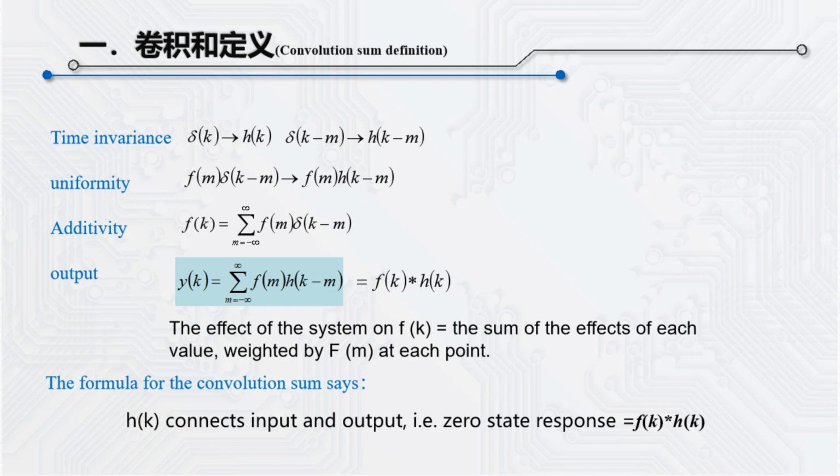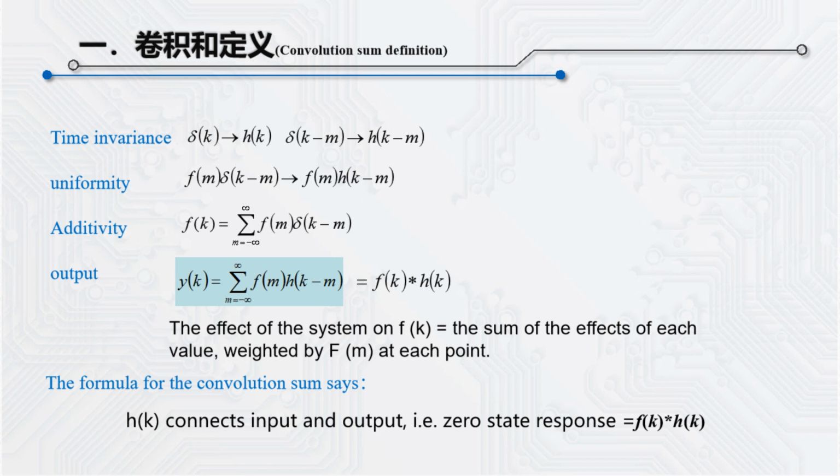We know the zero state response produced by delta of k acting on the system is h of k. Then what is the form of the zero state response when delta of k minus m acts on the system? According to the time invariance of the system, we can come to the conclusion that when the excitation is delta of k minus m, the resulting zero state response is h of k minus m.